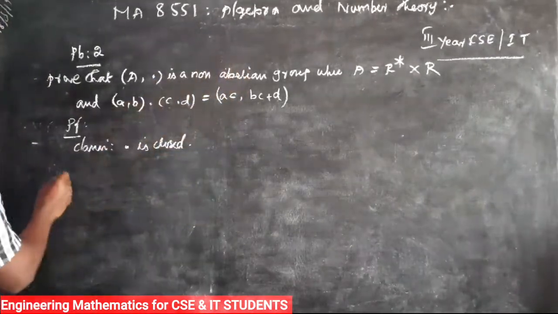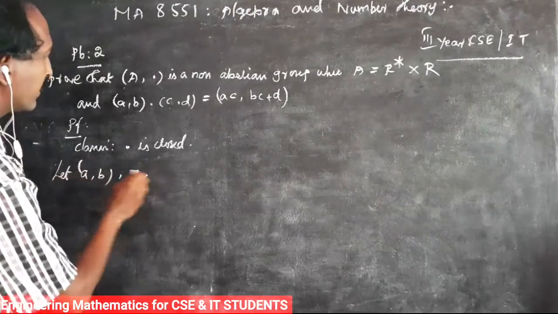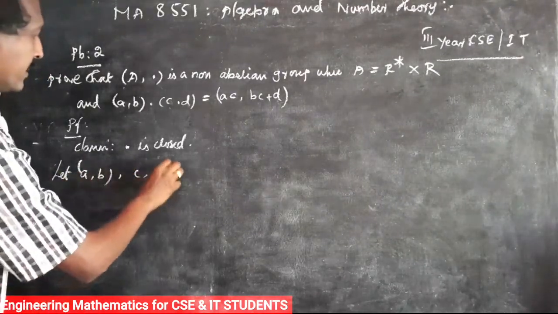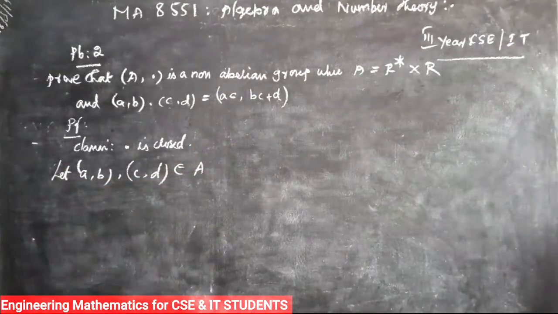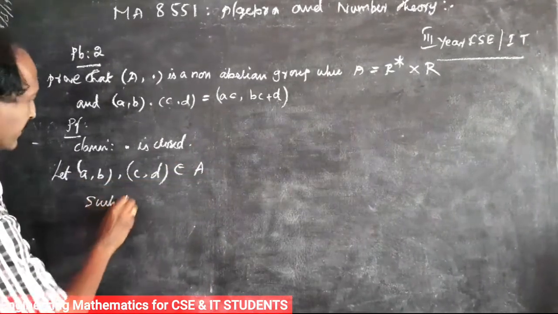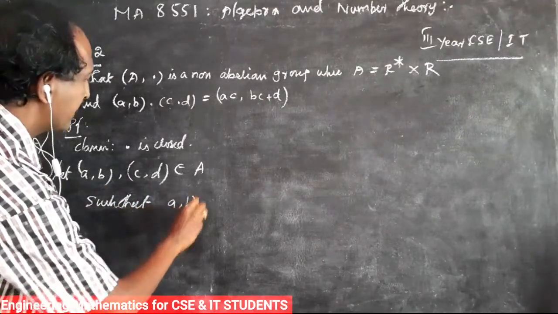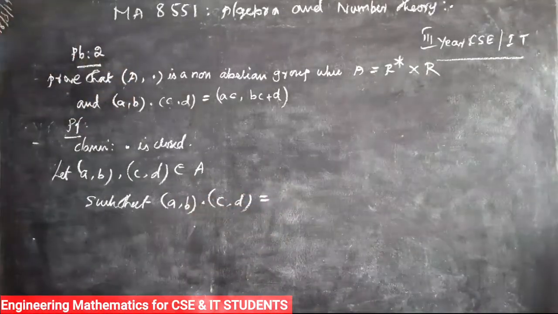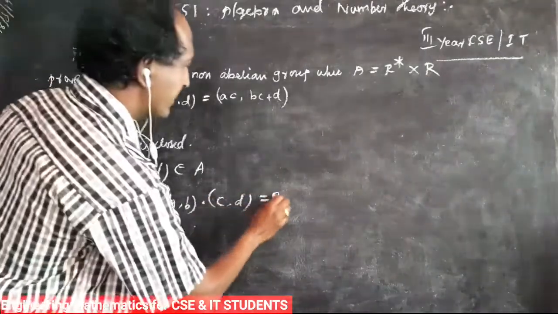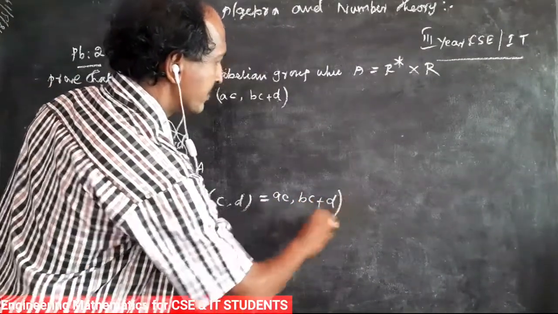Let (A, B), (C, D) belong to A such that (A, B) dot (C, D) equals (AC, BC plus D).